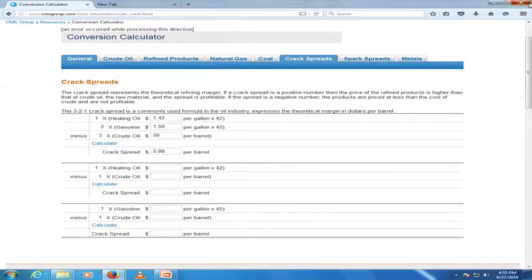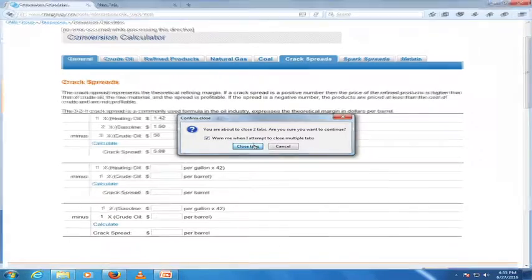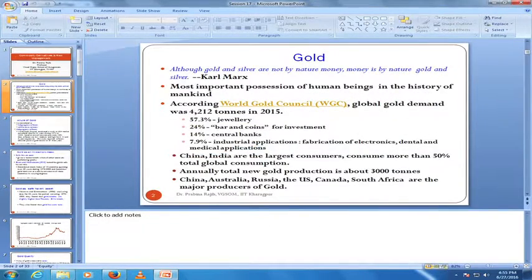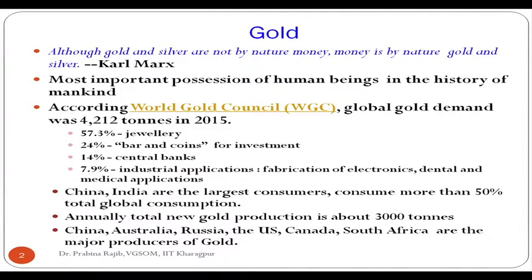Okay, now let's start today's discussion on gold. As you recall, all of you know, gold is a very important part of every person's investment portfolio, specifically every Indian.